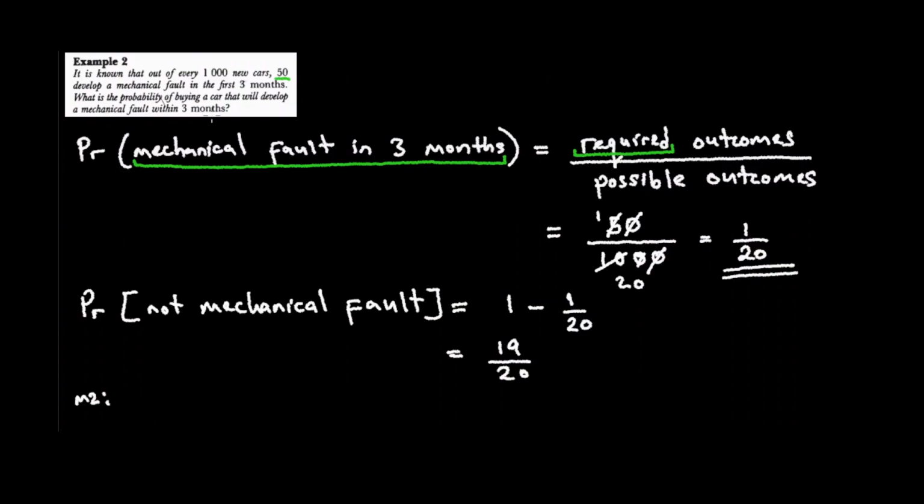So 1,000 subtracting 50, 950 cars do not fail. So 950 dividing 1,000, you also get 19/20. So I am emphasizing that the question had said not. The word not is very important. It determines what you are going to do. Are you catching? Any questions before we proceed?